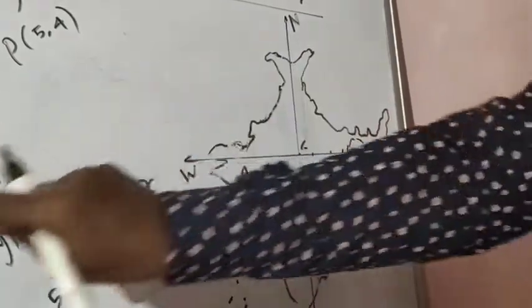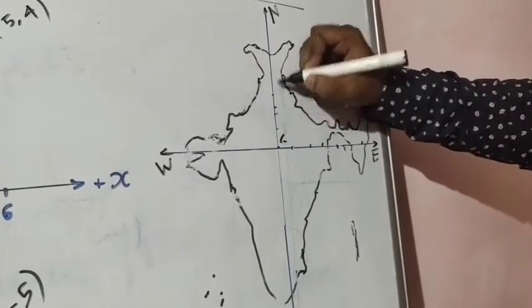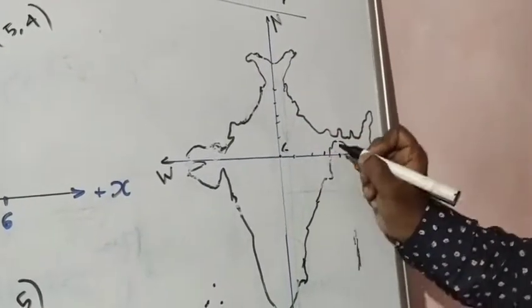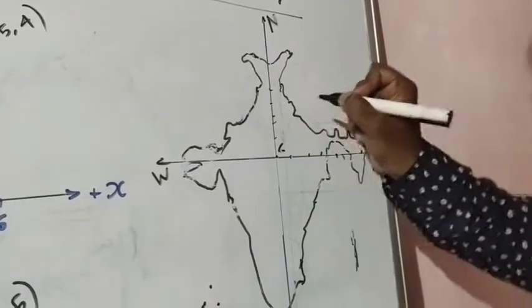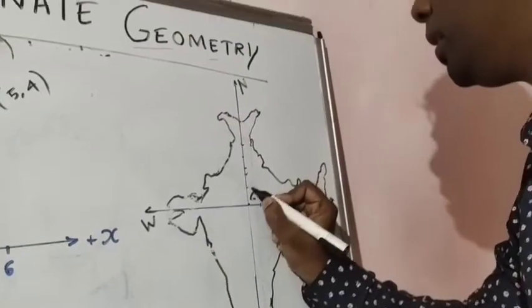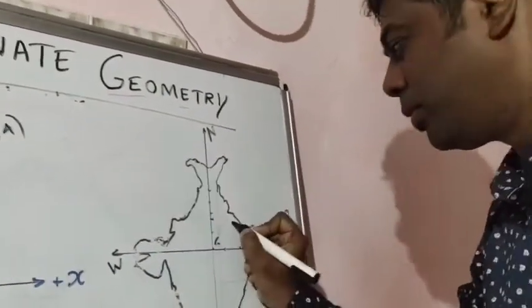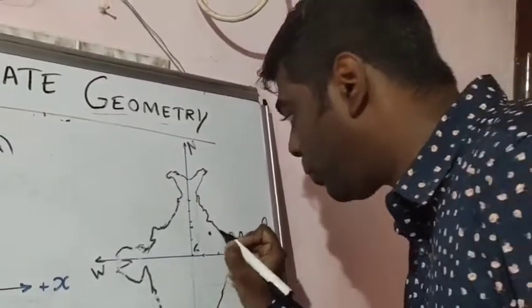If we make some other unit, like kilometers, along the north direction and this side, by these definitions we can understand the location. For example, from the center 200 or 300 kilometers, I make this point.